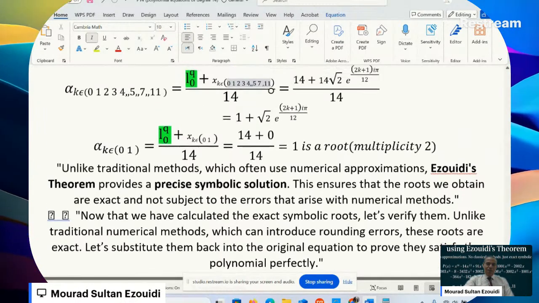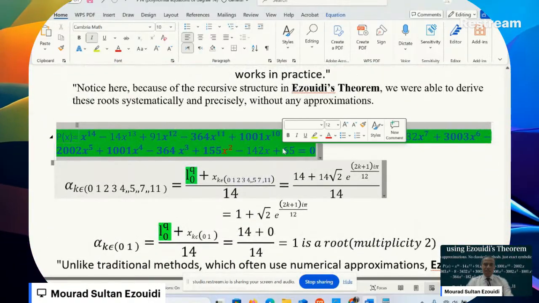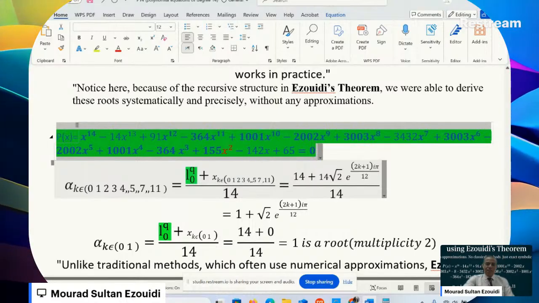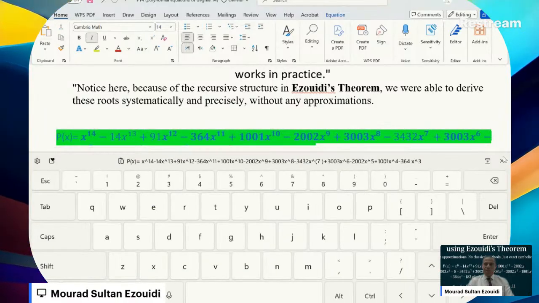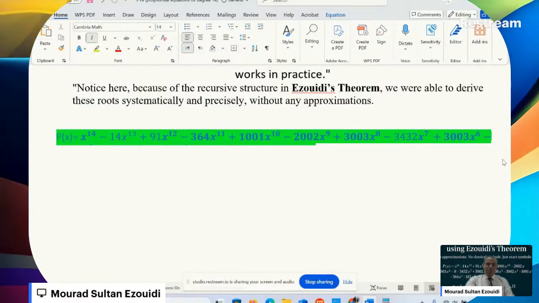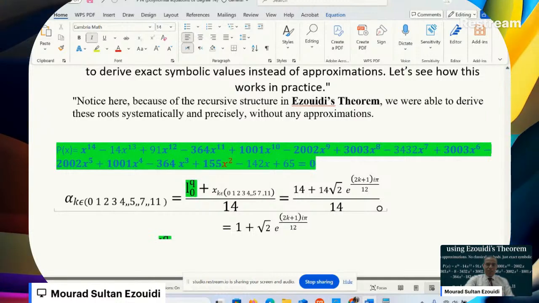So here I will use this polynomial, copy it. And here, of course, my professors, I will substitute x with 1, because 1 is called a double root.